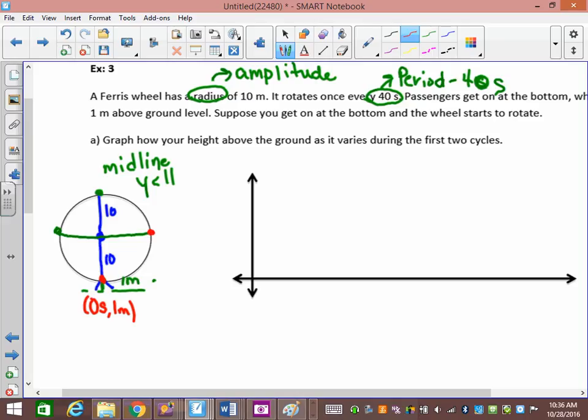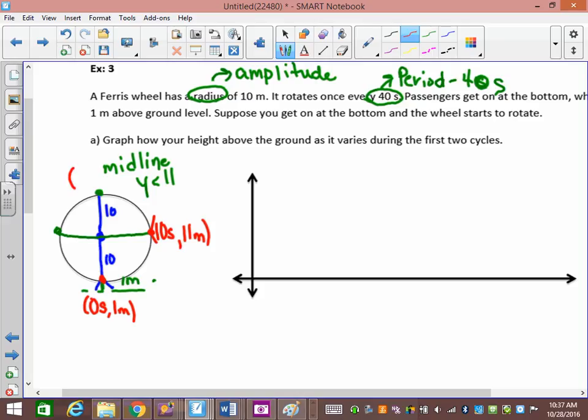Then at this point, we're actually at 11 meters, right? We're not at 10, we're at 11. We have to go up 1 and 10 more, so we're actually at 11. How long did it take me to get there, though? 10 seconds. Because it's 40 seconds divided by 4 means every single one of these is going to take me 10 seconds. So this will be at 10 seconds, I'm at 11 meters.